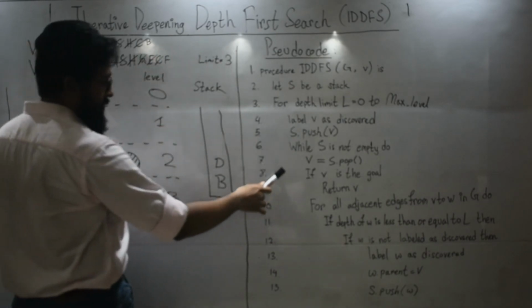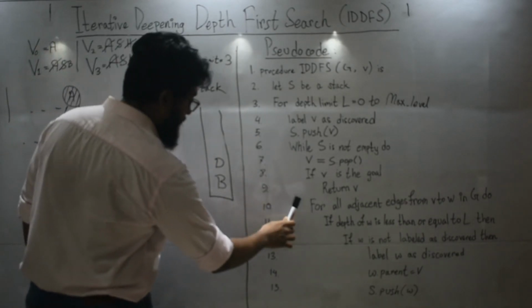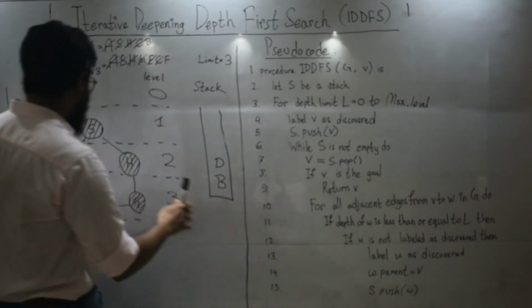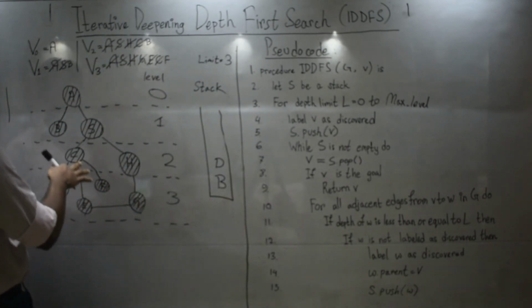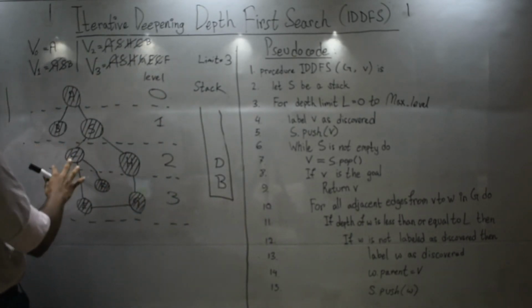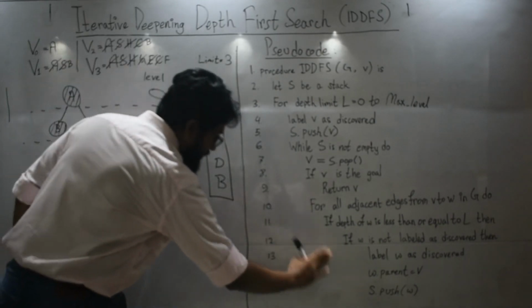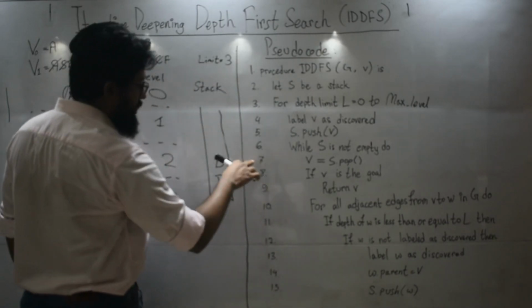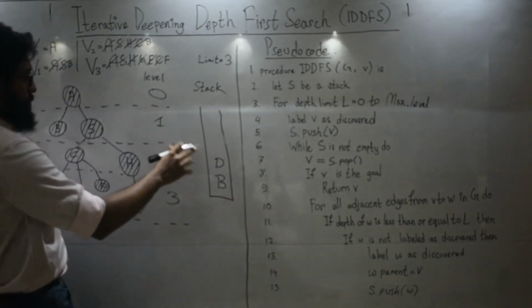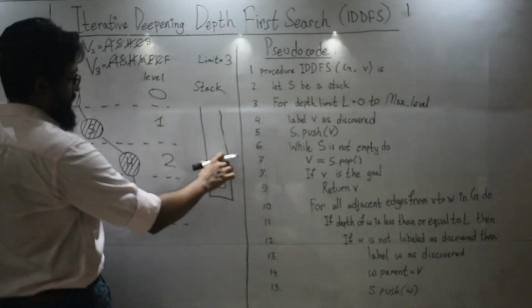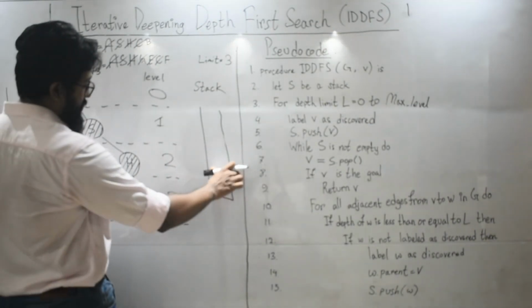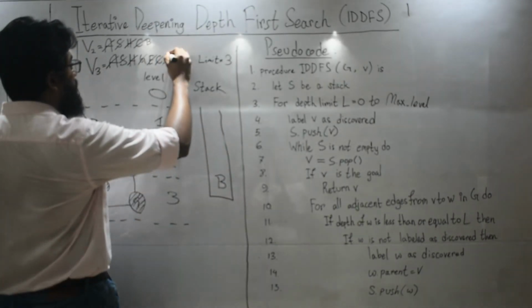Done. Now we will check again here. In case of F, the neighbor of F is C, which has already been visited. So we will skip all these and again come back to line number 7. Pop, whatever is on top of my stack. So it's D. Pop D. Place it here.